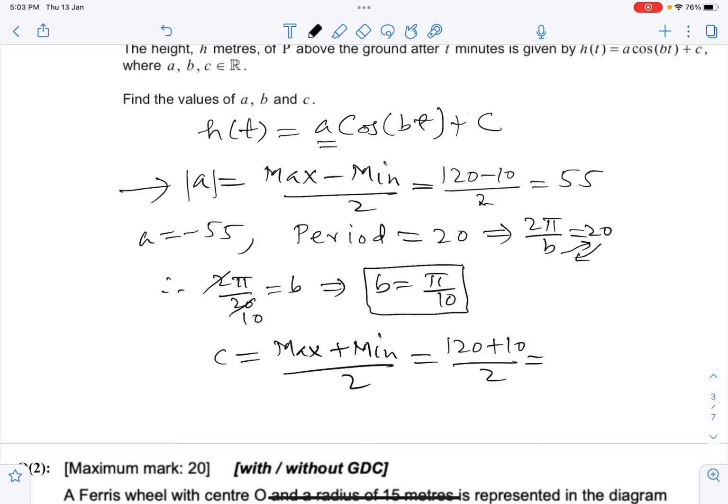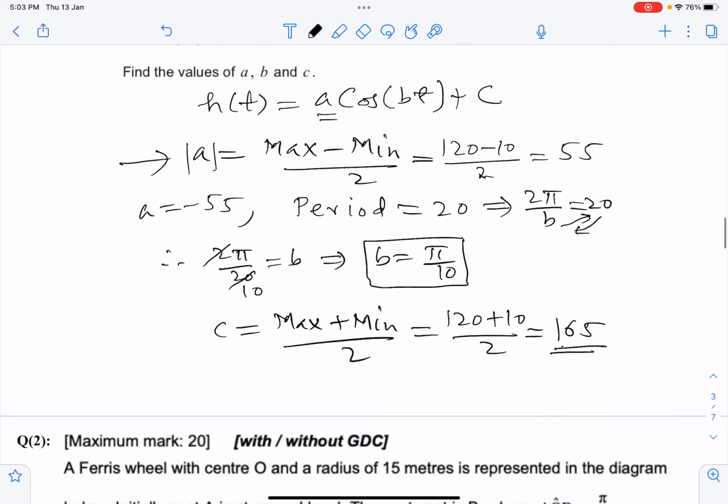It will give you 65. Sorry. So 65 will be the value of c. So therefore we got all the three values. A is equal to minus 55, b is equal to pi over 10, and c is equal to 65.